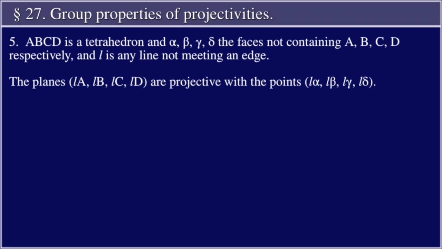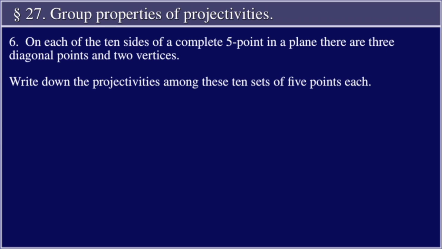The planes LA, LB, LC, LD are projective with the points L alpha, L beta, L gamma, L delta. 6. On each of the 10 sides of a complete 5-point in a plane, there are 3 diagonal points and 2 vertices. Write down the projectivities among these 10 sets of 5 points each.